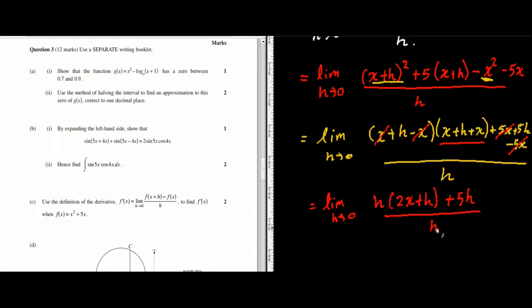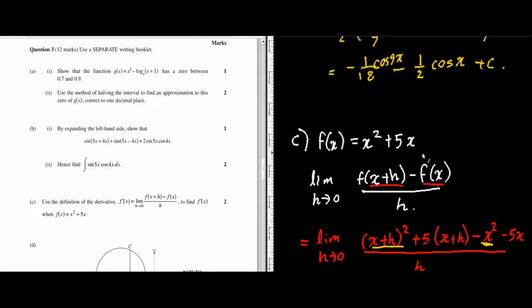This h can be cancelled out with these two. Now once I take the limit, putting h equals 0, I end up with 2x plus 5. And as expected, that's what you get from here.